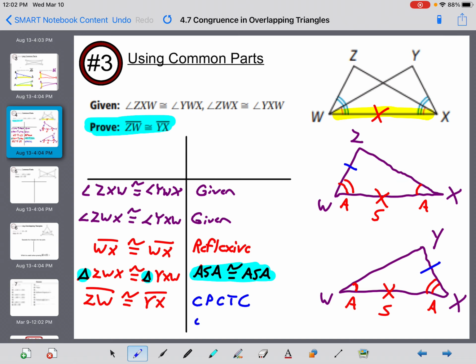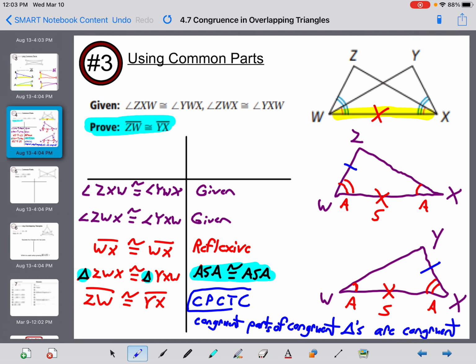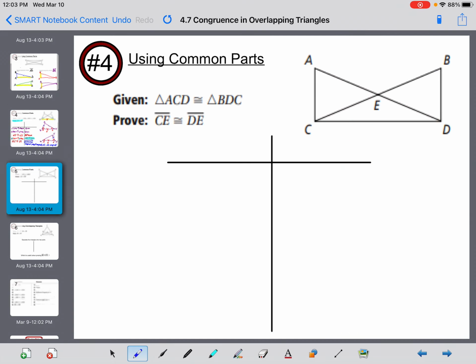And what that means is congruent parts of congruent triangles are congruent. And you could see why we would prefer to write CPCTC. Okay? We're going to continue to practice with this.